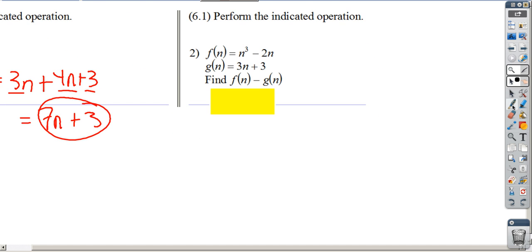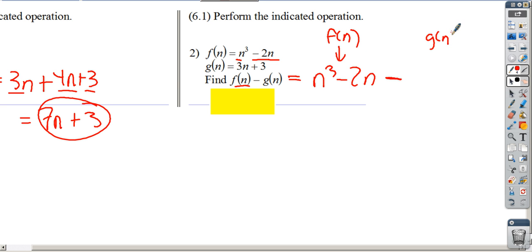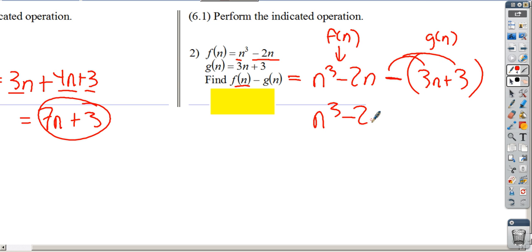Alright, when we are subtracting, it's the same idea. So f of n is this right here, n cubed minus 2n. That is the function f of n, minus, and then we have to subtract g of n. G of n needs to go in parentheses though, because we're subtracting the entire thing. Then we distribute this negative. This is generally where people would make a mistake. They would do minus 3n plus 3, but you need to be subtracting that entire thing.